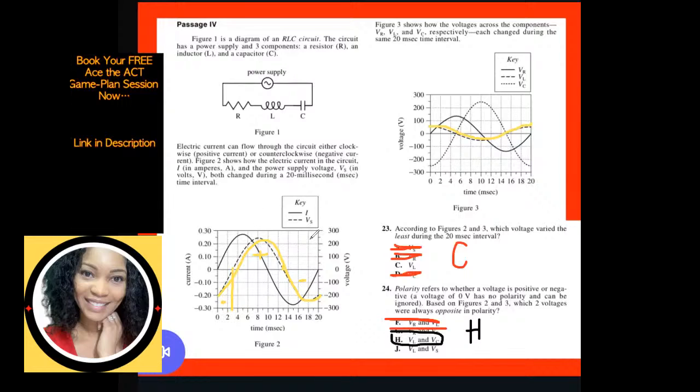I'm going to do the same thing over here with V sub L. So we go from 0 to 5 is positive. So that's proof right there that they're not always opposite, because from 0 to 3, they were opposite each other. But from 3 to 5, they're both positive.